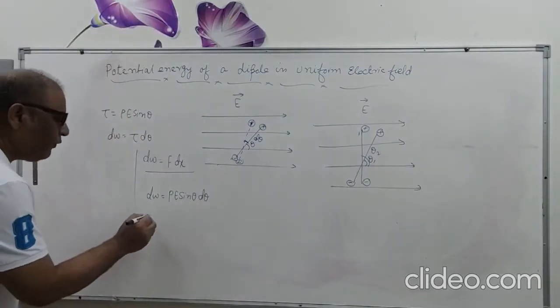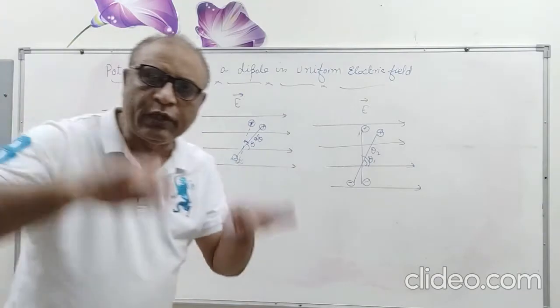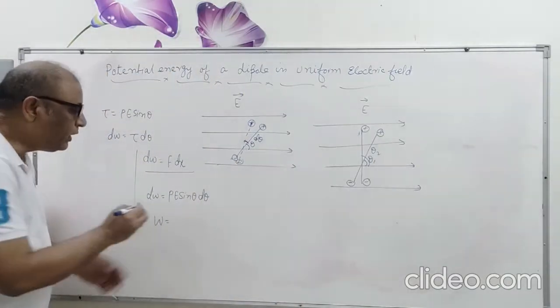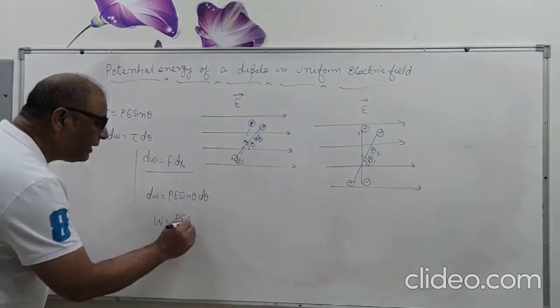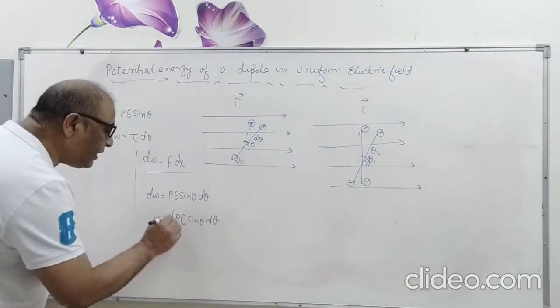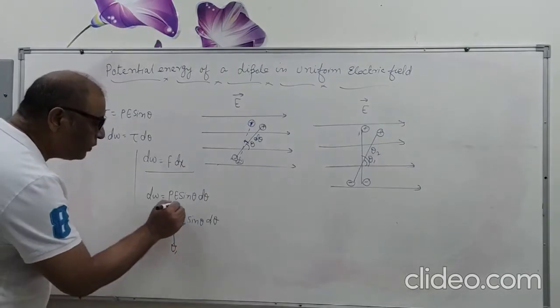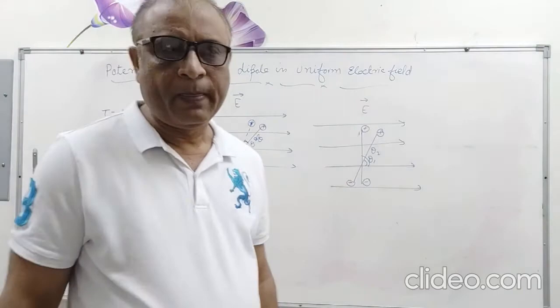So the entire work done from theta 1 to theta 2 equals the integral of PE sin theta d theta, with limits theta 1 to theta 2.